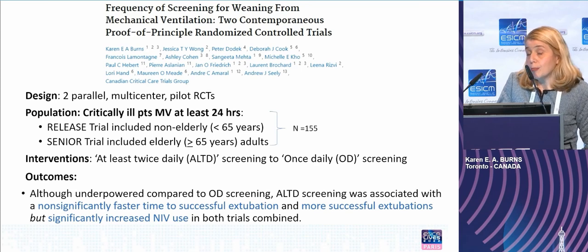And although underpowered, because they were pilot or feasibility trials saying, can we implement these protocols, more frequent screening was associated with a non-significantly faster time to successful extubation, also non-significantly more successful extubations, but interestingly, it significantly increased post-extubation NIV use.